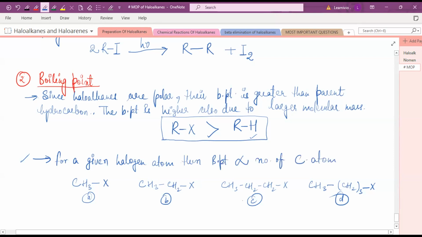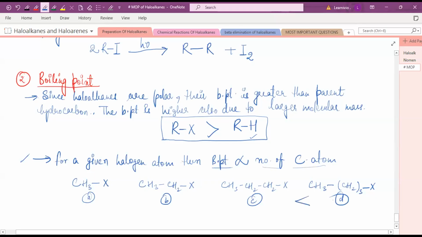If the halogen is chlorine in all 4 options, then you use this rule.